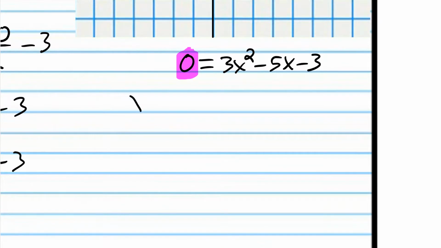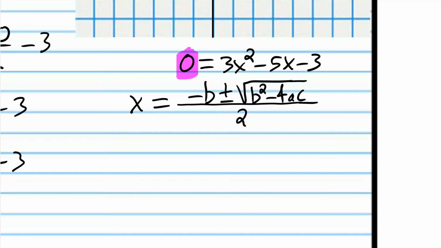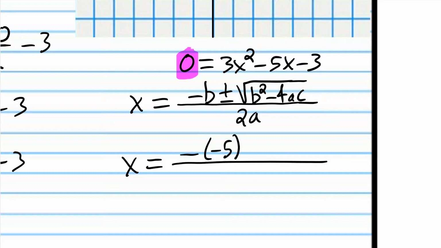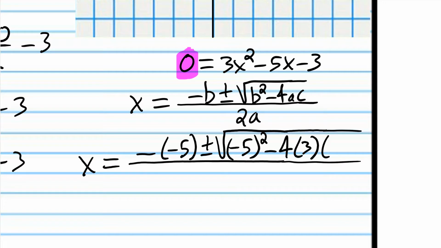And this is an equation that is not easily factorable, so we're going to use the quadratic formula. Then we just have to plug in numbers. So b is negative 5, and please be sure to use parentheses around this negative 5 when you're squaring it. And c is negative 3.